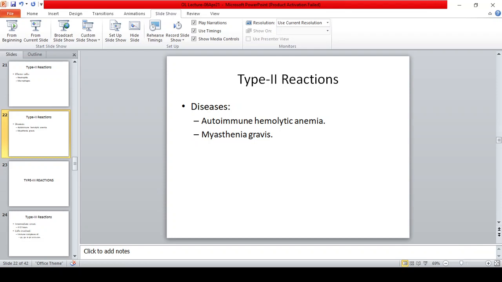So in these diseases, the antibodies attack some antigen present in the cell membrane, or maybe some receptor, leading to these clinical disorders.